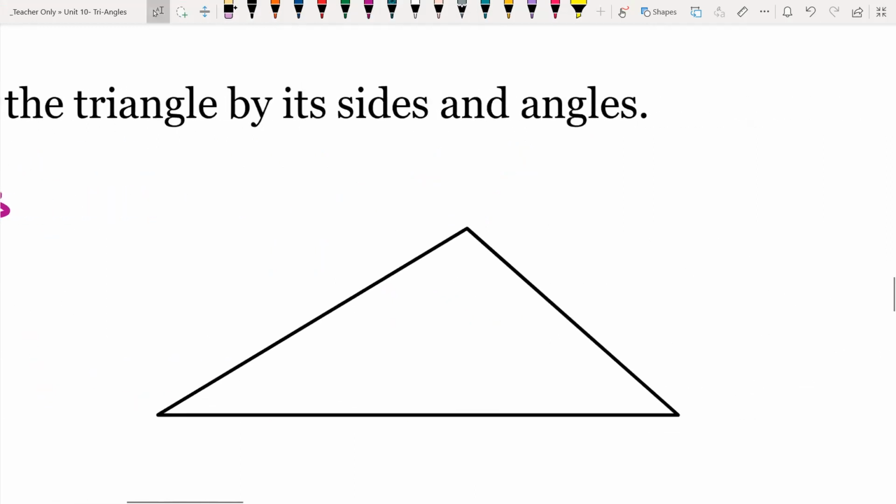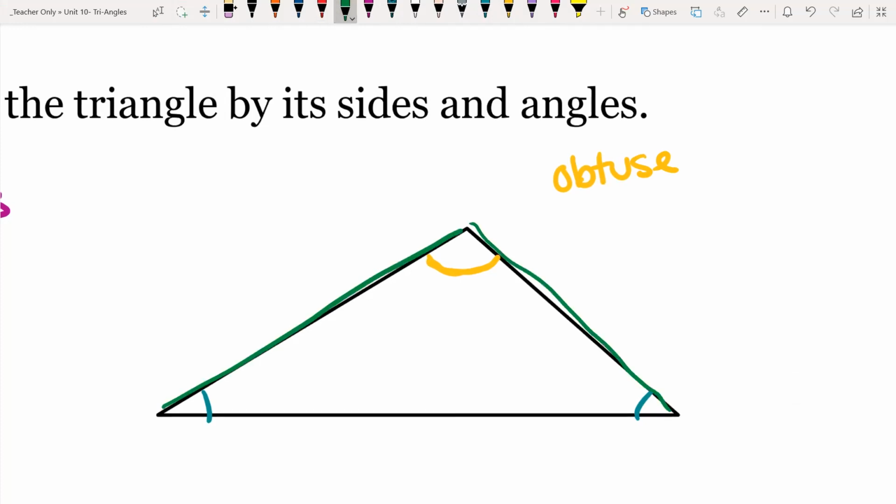Let's go to the next one. So we have to look at our angles. This is acute, acute, acute, but this is obtuse. So it means that this is an obtuse triangle. And not all of these are the same, right? This one's a little longer than this one, and then this one's the longest.